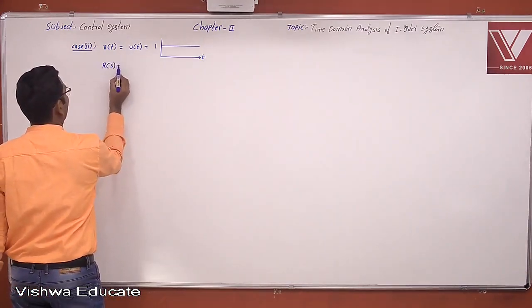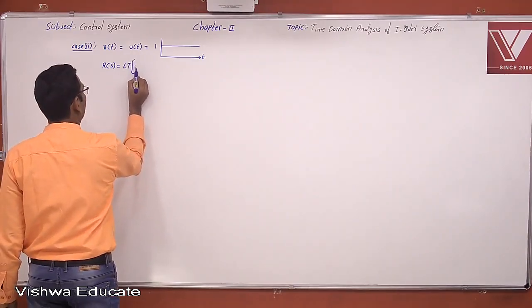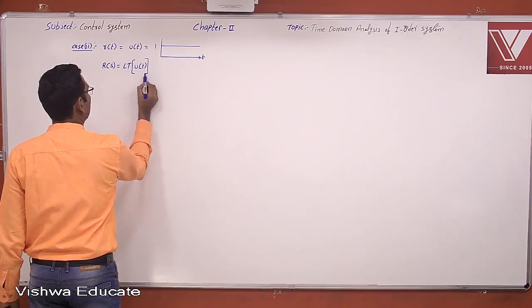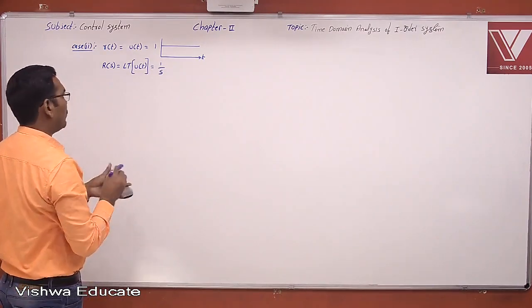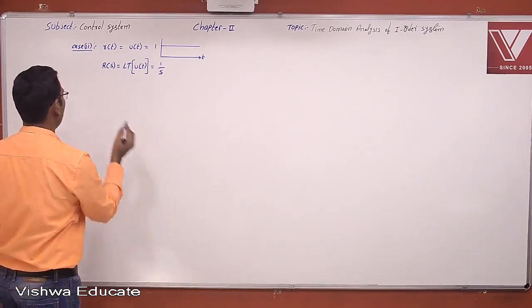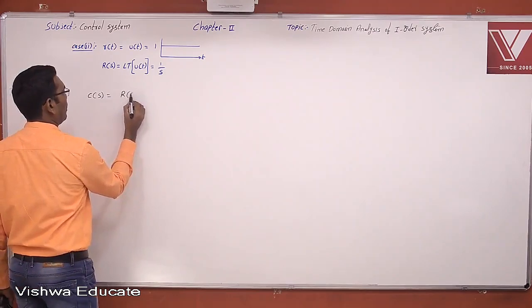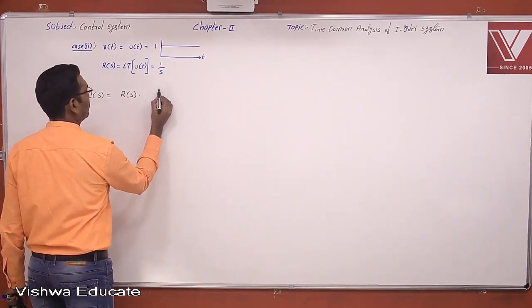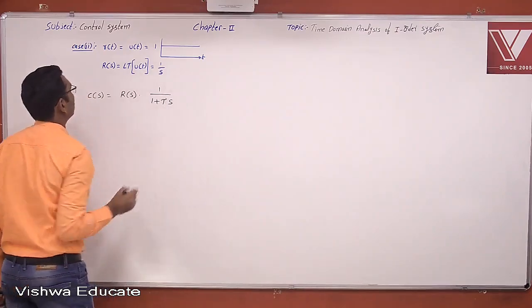R of S is nothing but the Laplace transformation of u of t, which is equal to 1 by s. But what is the response? Now C of S is equal to R of S into 1 by 1 plus tau s, right?